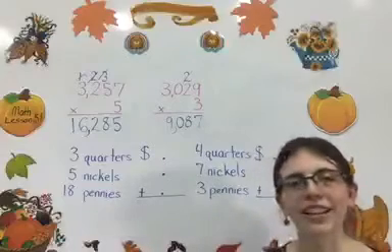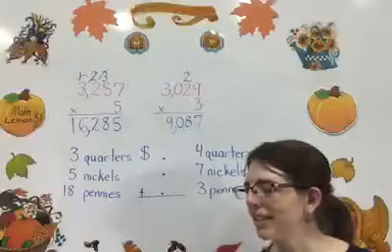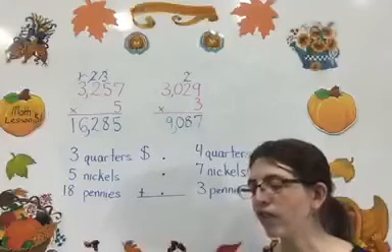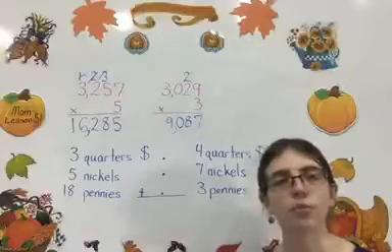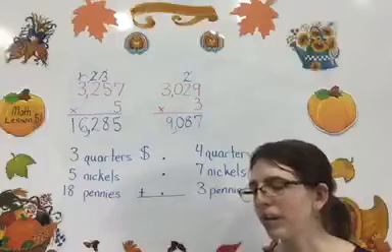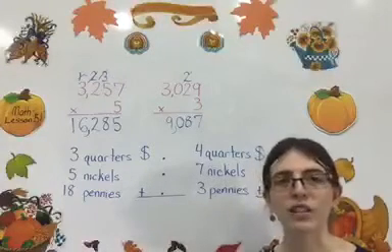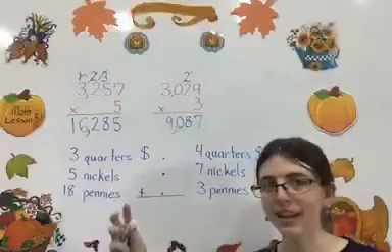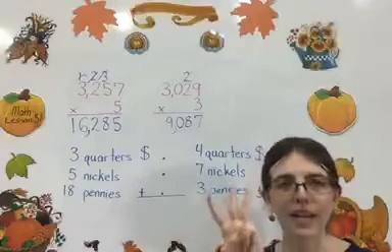Number 4, let's look at this story problem together. Mason's mom has popped 12 cups of popcorn for him to share equally with 3 friends. How many cups of popcorn will each boy get? Okay, so she has 12 cups and she wants to share it equally with 3 friends.